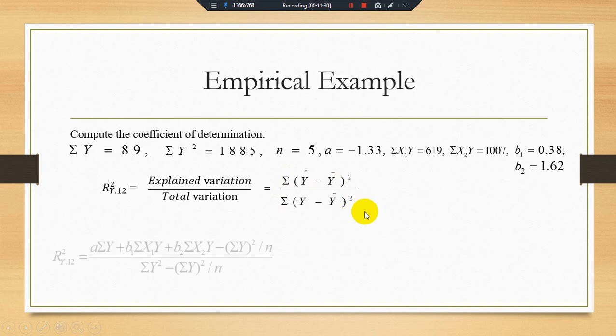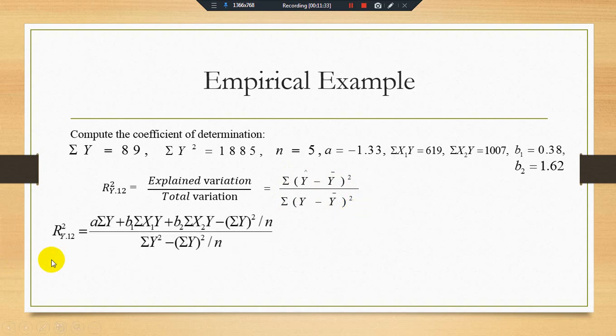So the simple formula for the r square is a summation y plus b1 summation x1y plus b2 summation x2y minus summation y whole square divided by n, over summation y square minus summation y whole square divided by n. So let's put these values into this formula.